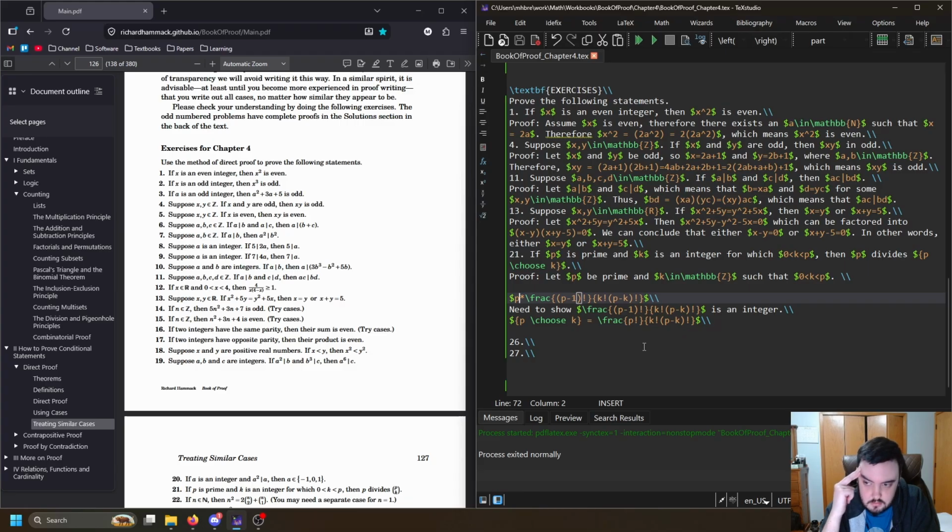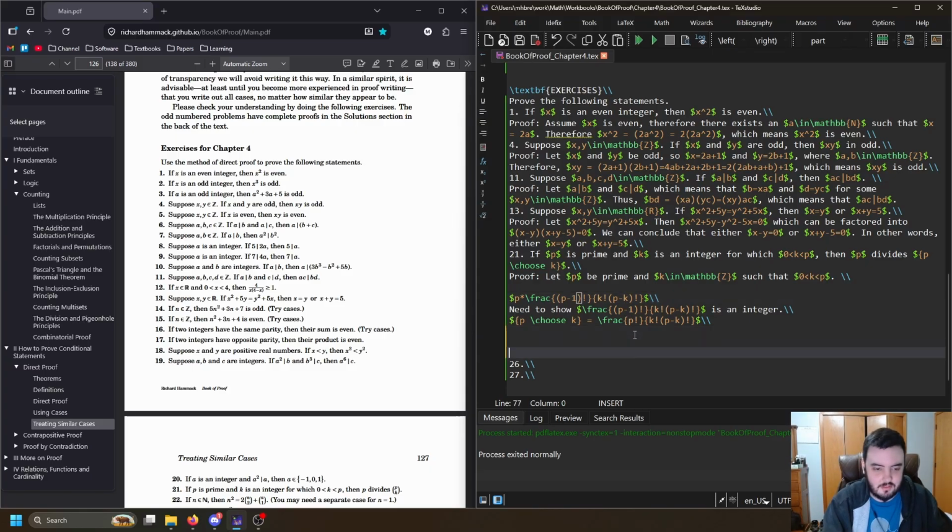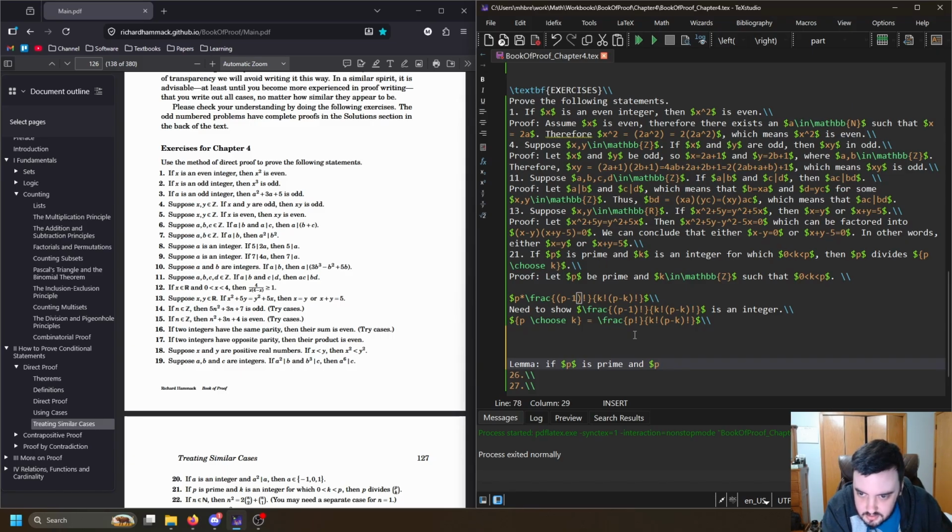Because, let's see, there's like a lemma here. If we can have a little lemma: if p is prime and p times a is an integer, then a is an integer. Did this just get proven in the problem right before this?